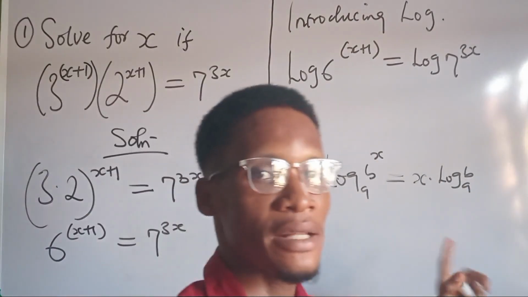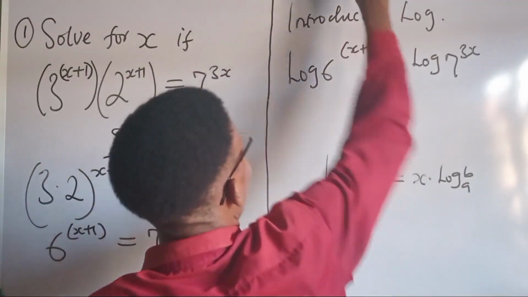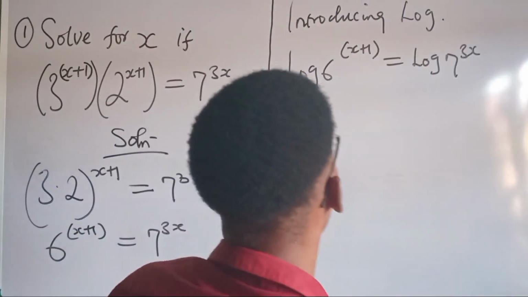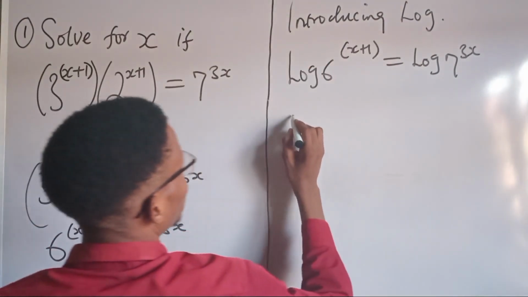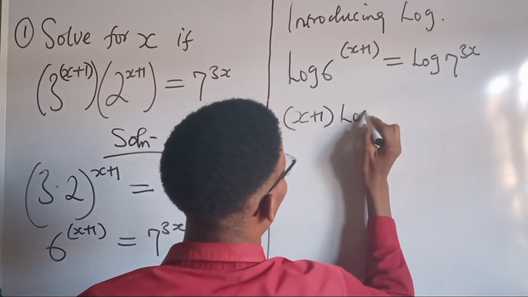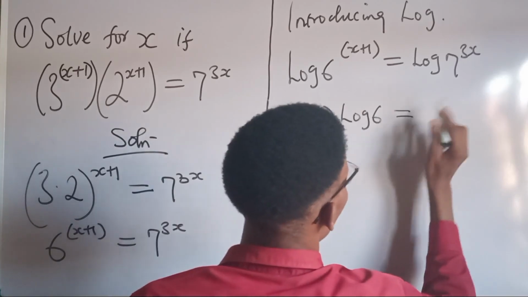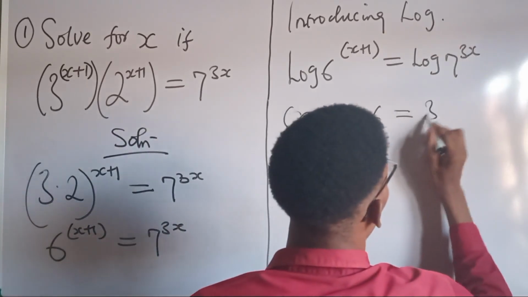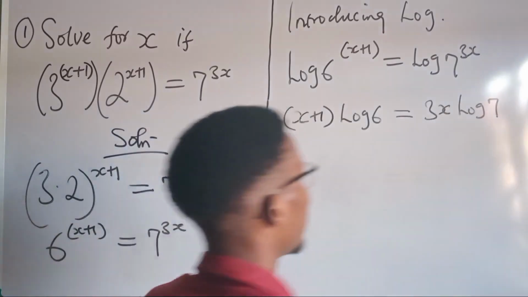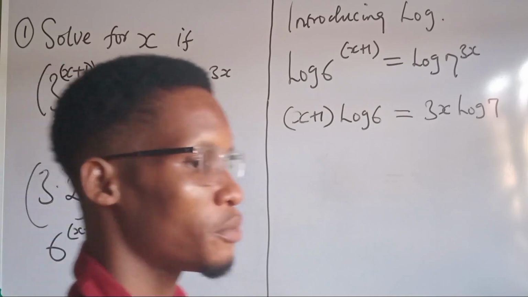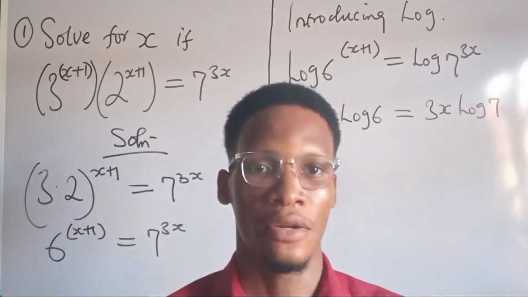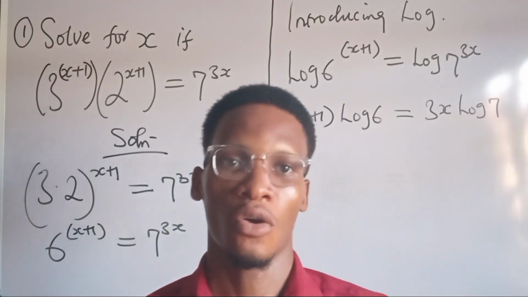So if we apply this method, we're going to get x plus 1, then multiplying log of 6, is equal to this will also come down, which is 3x multiplying log of 7. Now you have to make use of your calculator, punch what log 6 is, and also punch that of log 7.